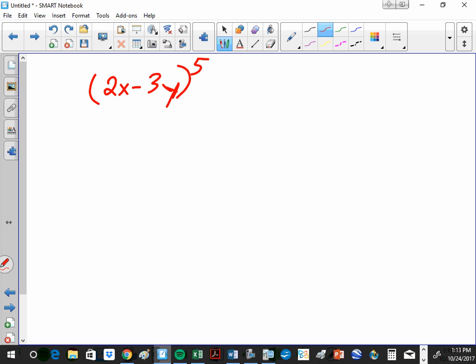Write that down somewhere. What is our first step? Go to the triangle and pull out the coefficients. We go down to row 5. 1, 5, 10, 10, 5, 1.